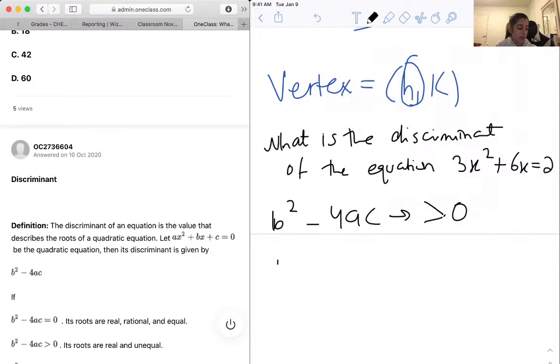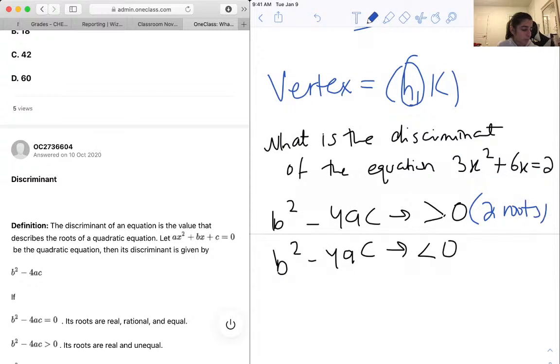If we get our value of b squared minus 4ac is less than 0, so a negative value, then we get no real roots.